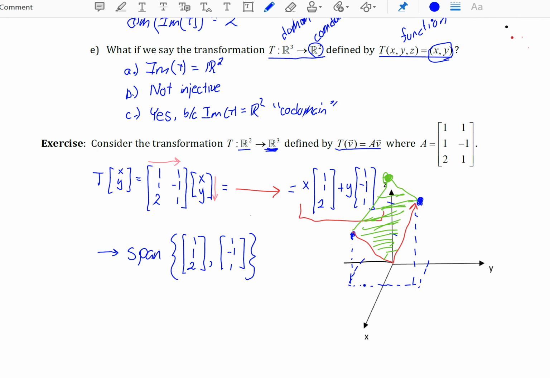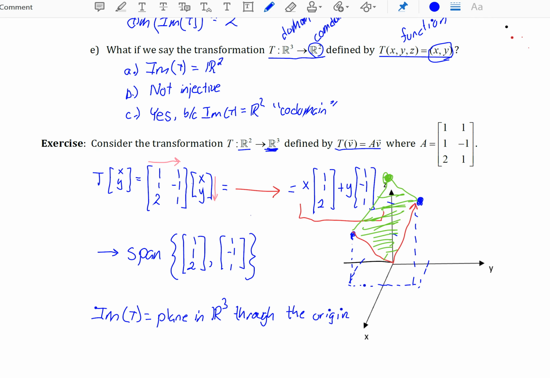So one way to discuss the image of T is to say that it's a plane in R3 through the origin.